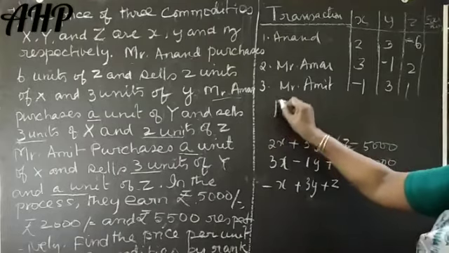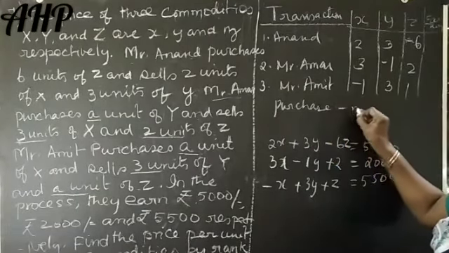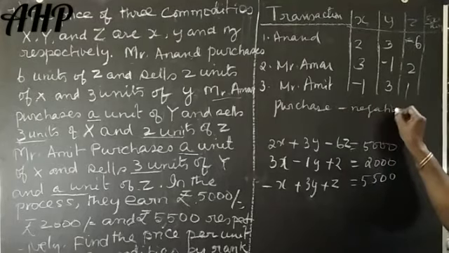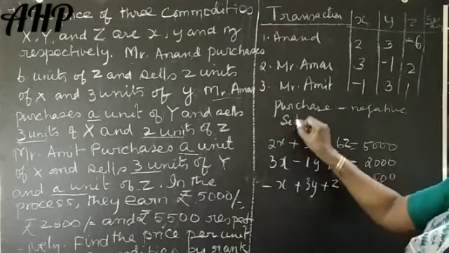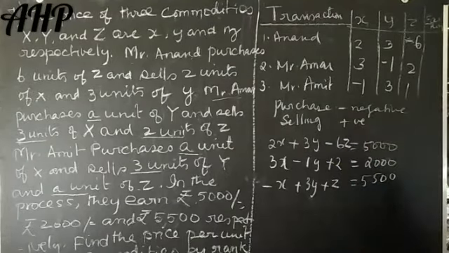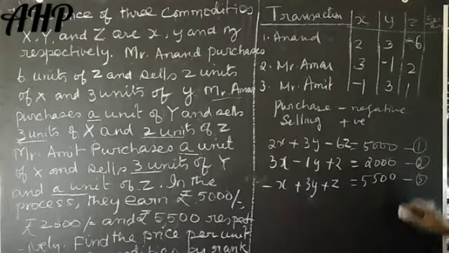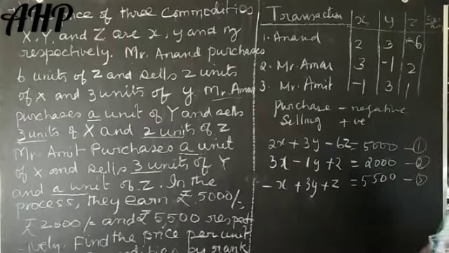So purchases is negative. Selling is positive. So we get these three equations. Now solving these three equations in rank method, we are supposed to find out the unit price. That x is the unit price of the first commodity and y is the unit price of the second one and z is the third one.